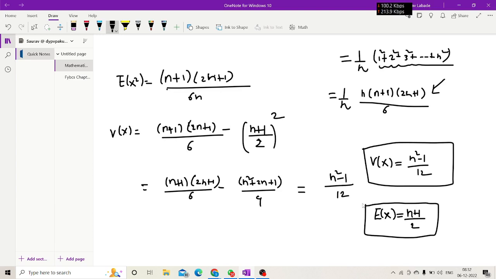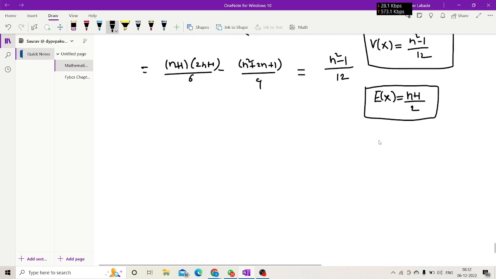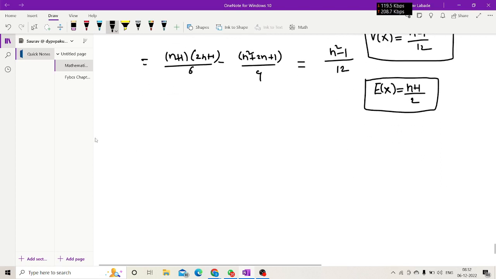Right? So let's take one example of this. Let's discuss one example related to the mean and variance of the uniform distribution.